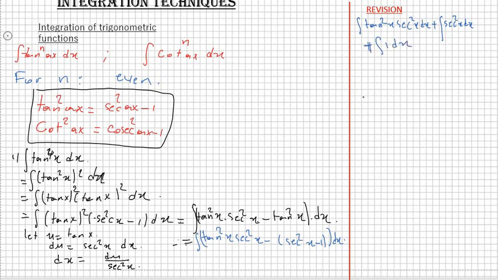The reason why I have 1 here is because we have two negative signs when they multiply. So we get a positive.